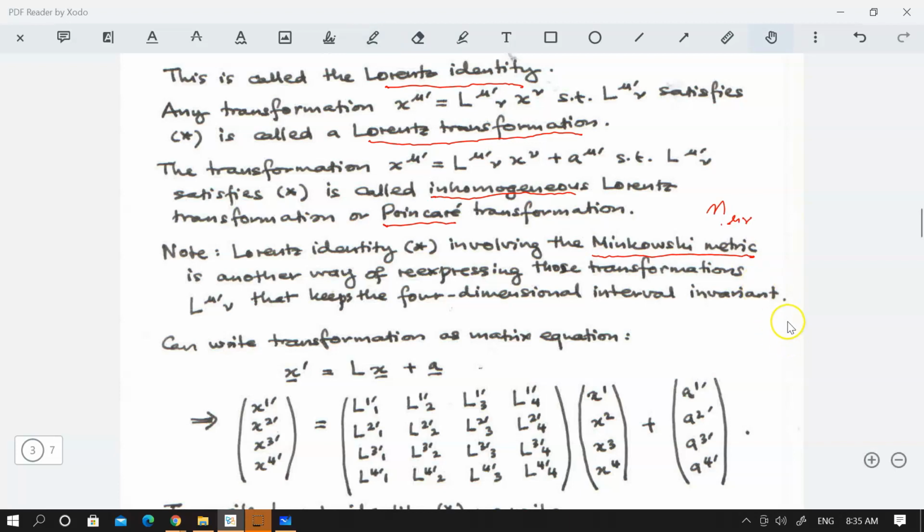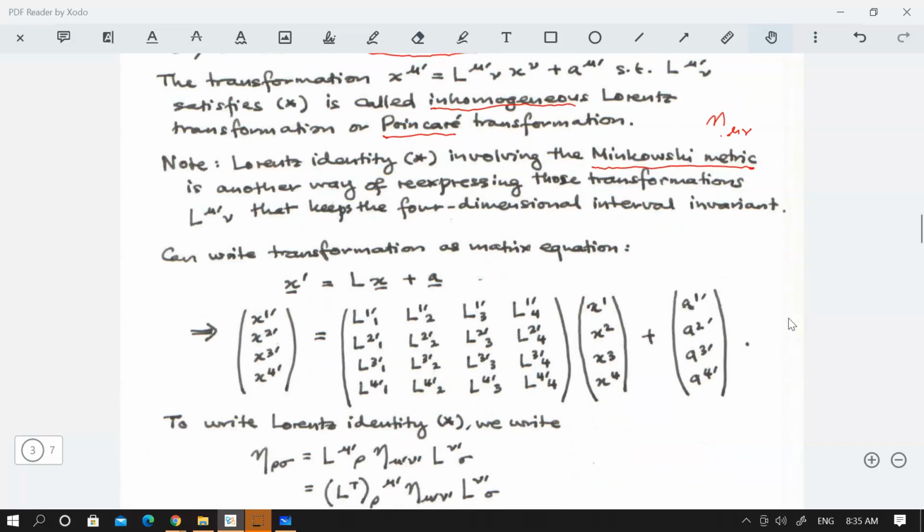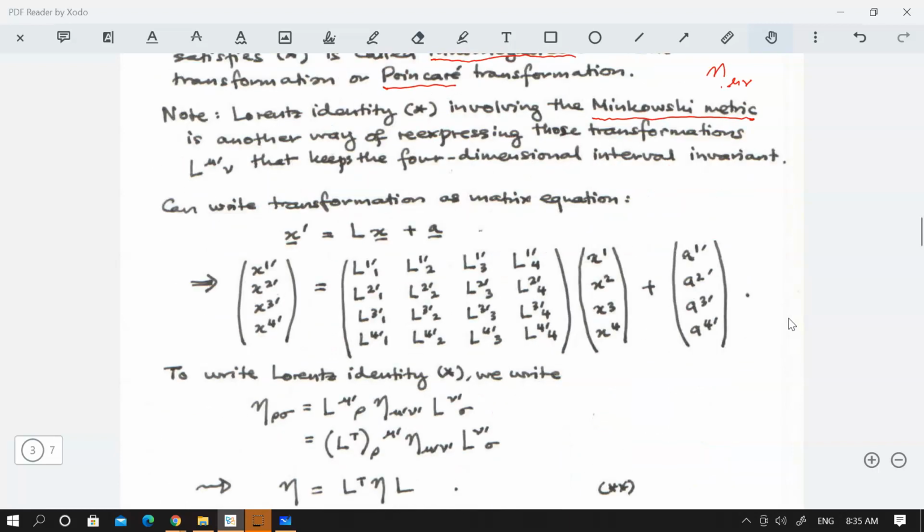So just like when you use the Galilean transformation, you can write it as a matrix, the same thing happens for the Lorentz transformation. You can write it as a matrix equation. You have your components on the left given by x dash.